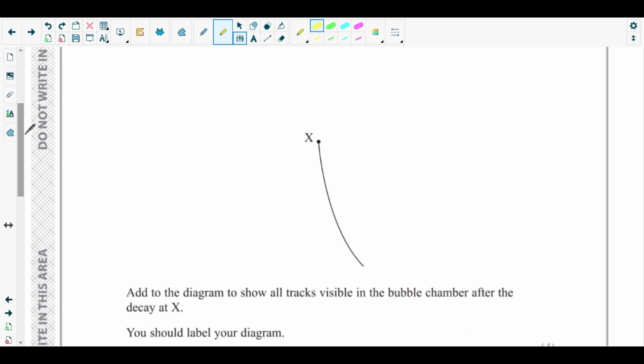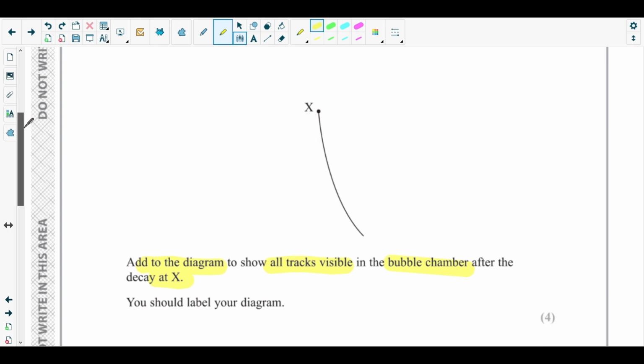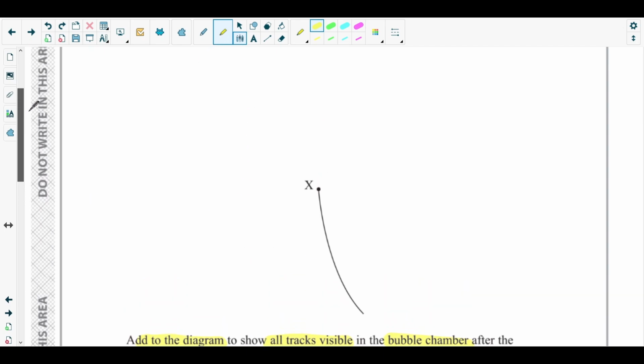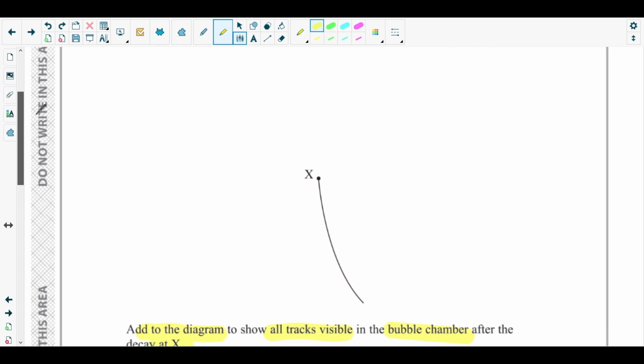The question is asking to add to the diagram to show all tracks visible in the bubble chamber after the decay at x. So the omega plus particle will decay at point x, and we need to show the further pathways of the particles from point x. You should label your diagram. This is for 4 marks, so you should be careful while drawing it.